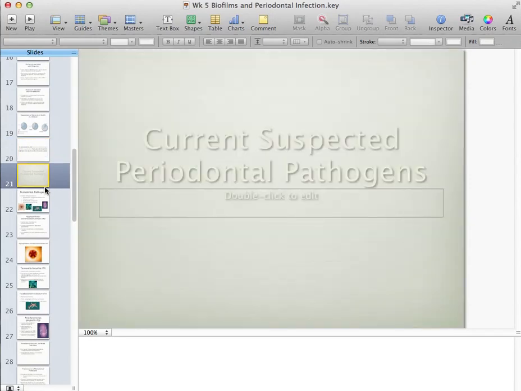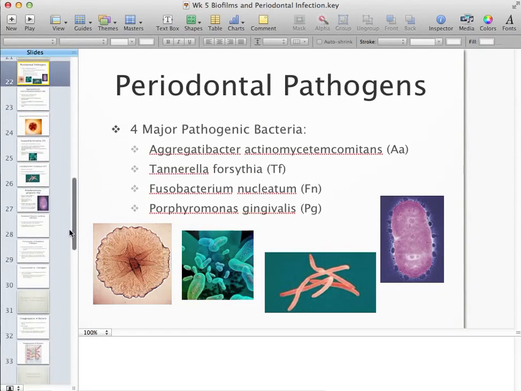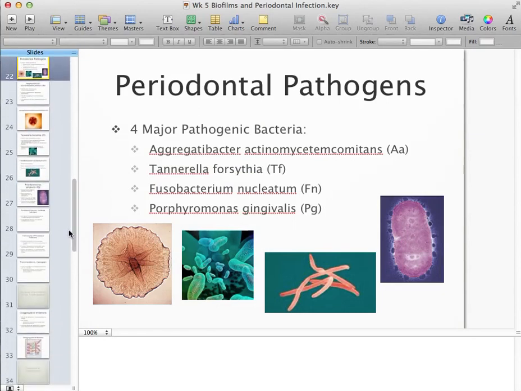Current suspected periodontal pathogens. These are the specific names of the bacteria associated with the periodontal area. For periodontal pathogens, you have 4 major ones. You have AA, or Aggregatibacter actinomycetemcomitans.